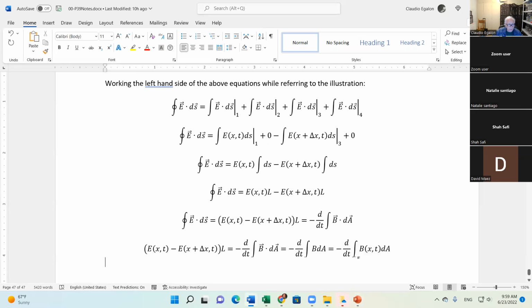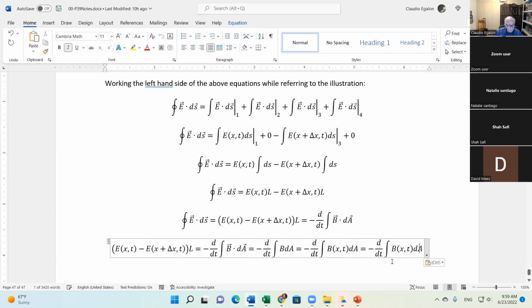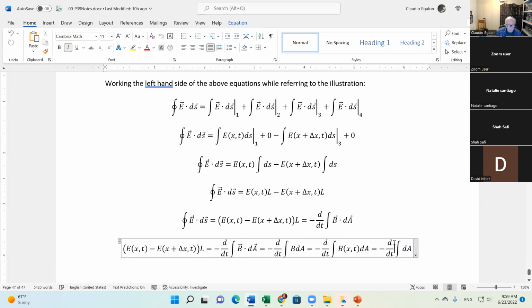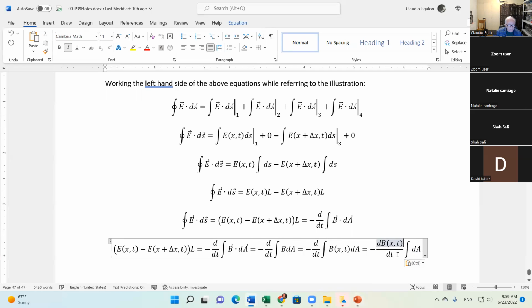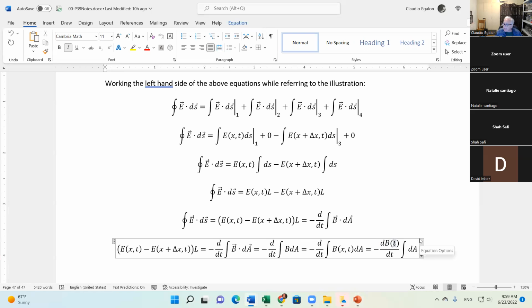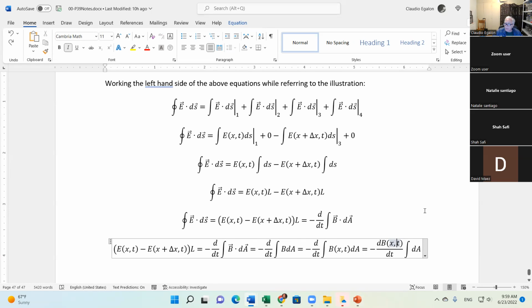If the magnetic field over this area is almost constant, we can take the B field out of the integrand. We keep the X dependence.